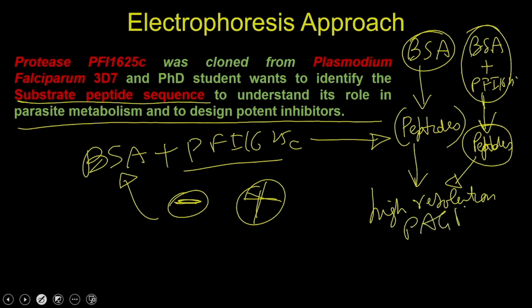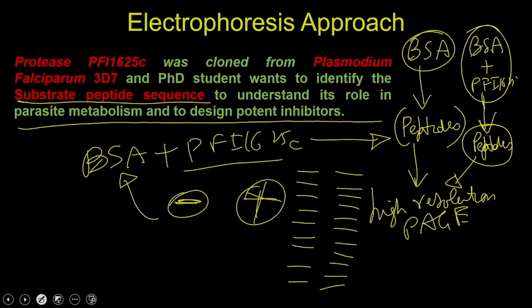You will get the peptide bands present in both, and definitely the number of bands in the presence of protease is more compared to the no-protease sample. If you do image analysis and a subtractive analysis, you will see that some bands are common between them, whereas some bands are reappearing and there are new bands.